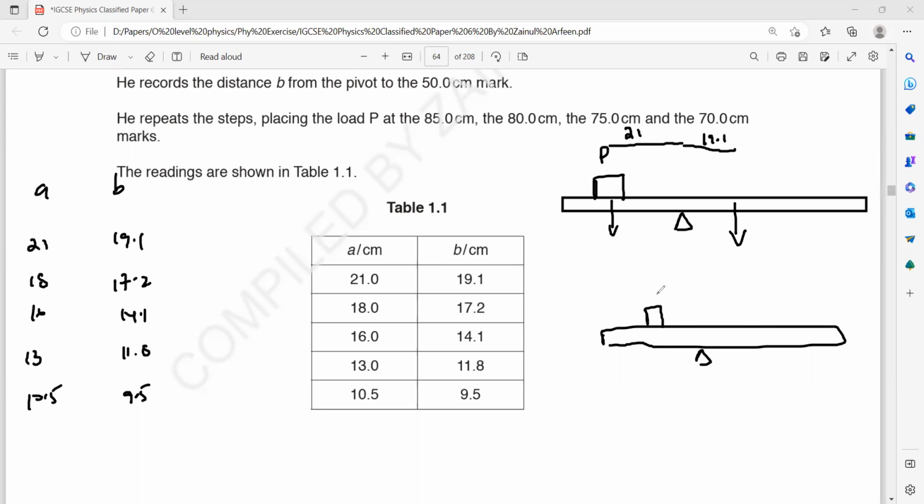If P is closer to the pivot, this is 18. When we move P closer to the pivot, we reduce the turning effect or moment. So the weight should also be closer to the pivot so that its turning effect is also reduced. So when we decrease the value of A, the value of B is also decreasing.